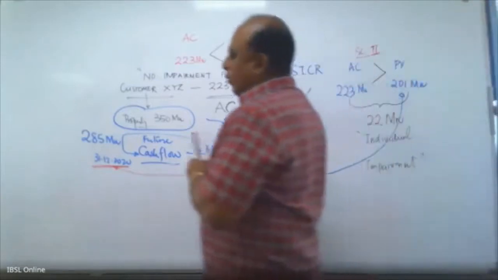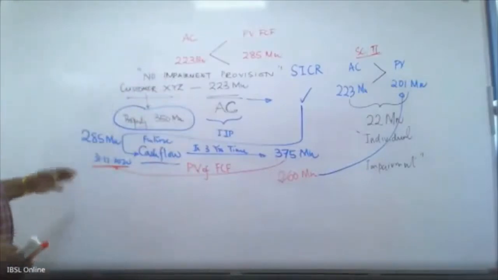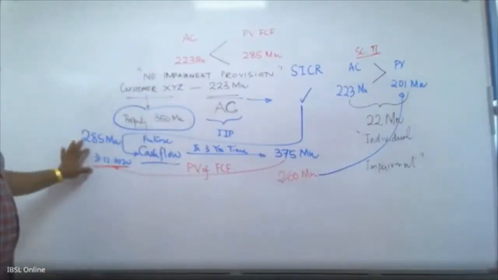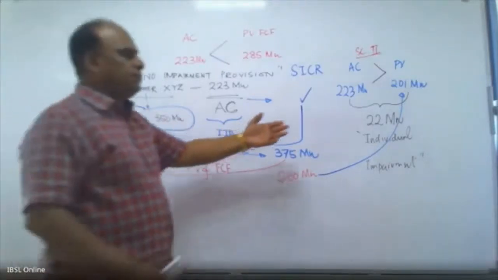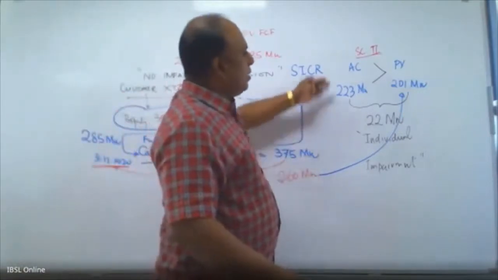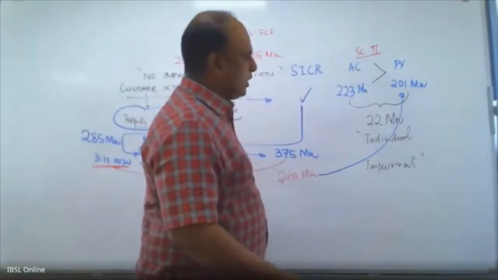One is where you get no impairment because your present value of future cash flow is more than the amortized cost. The second scenario is where my amortized cost is more than the present value of the future cash flow.